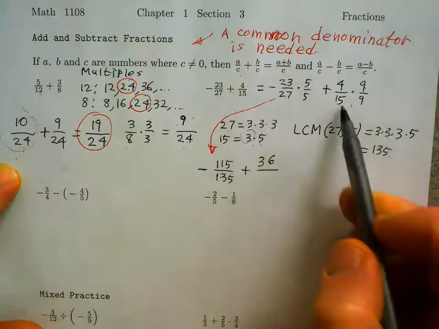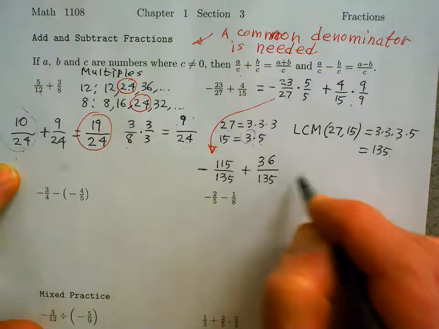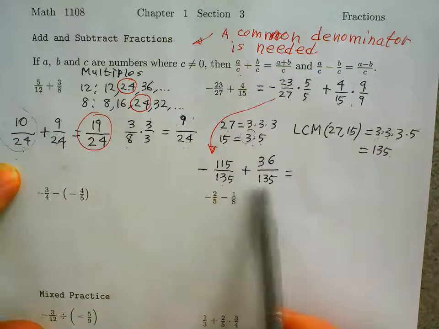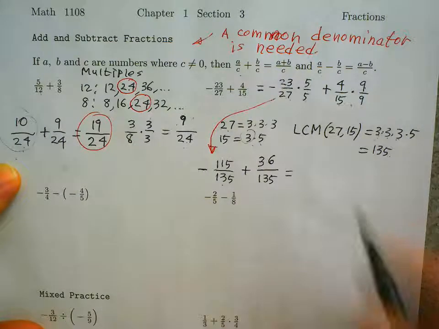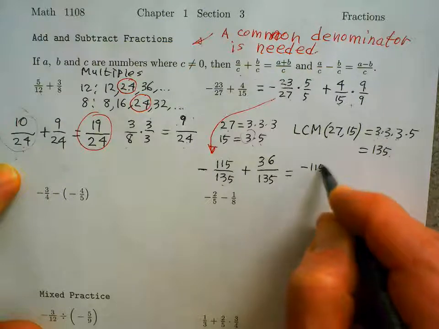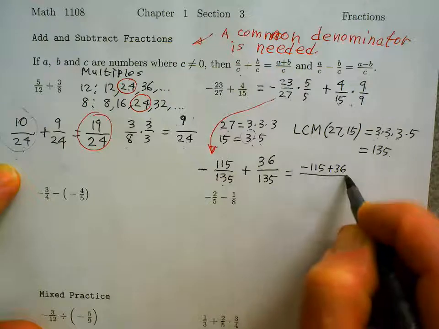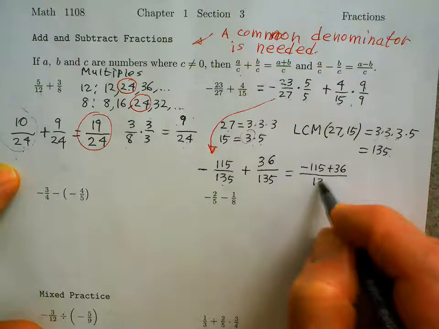And in the denominator, 15 times 9 is 135. And now that the denominators are the same, we can add the fractions. So in the numerator, we can write negative 115 plus 36. And this is all divided by 135.